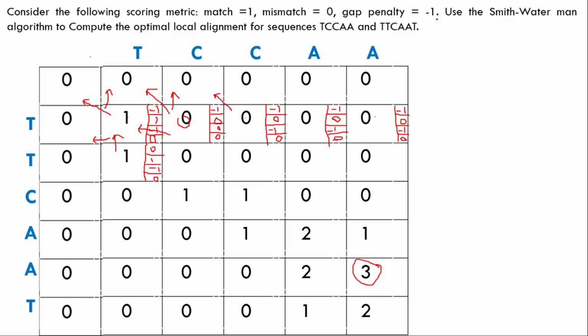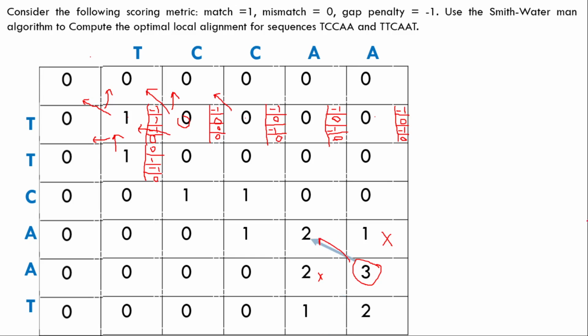So gap penalty is -1. So 1 minus 1, it will be 0. Obviously, this 3 is not originated from 1. If it was originated from 2, then it should be 2 minus 1, that is 1. So obviously this is also not the origin point of this 3. So what is left? The left part is 2. So obviously your origin point was 2.